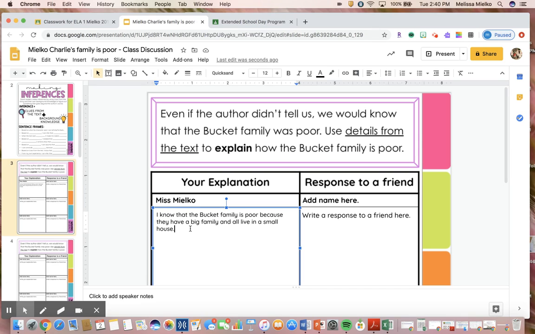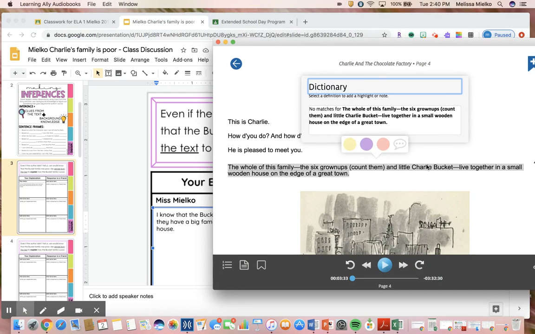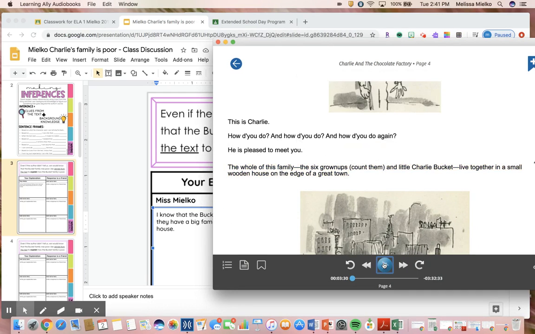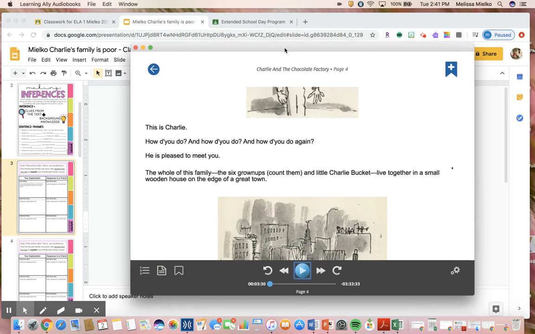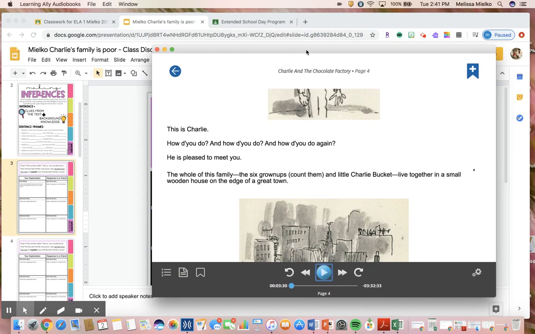Now I'm going to do the C for my RACES. I'm going to cite my evidence. So the first thing I would have to do is go to Learning Ally and find my evidence first. The evidence that I'm choosing is this right here.